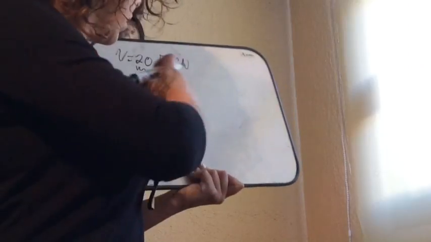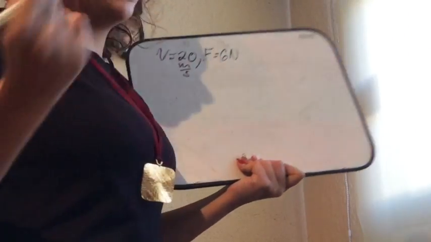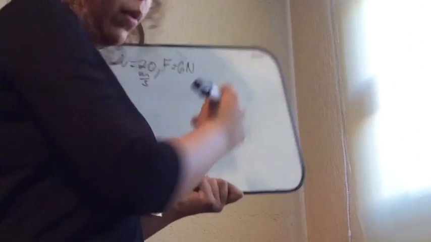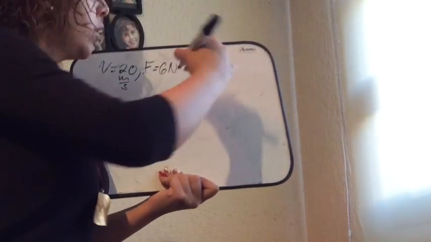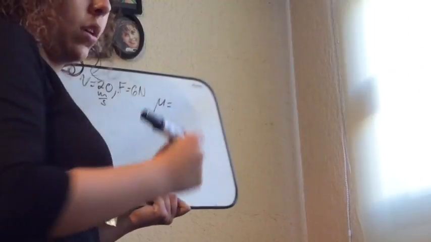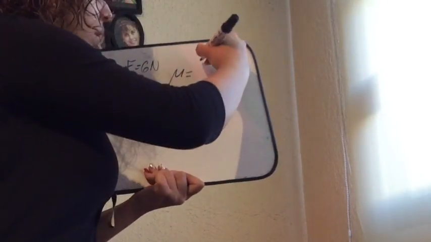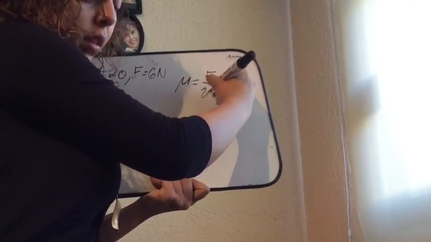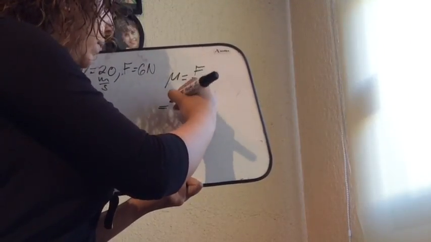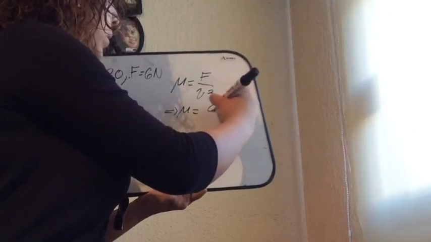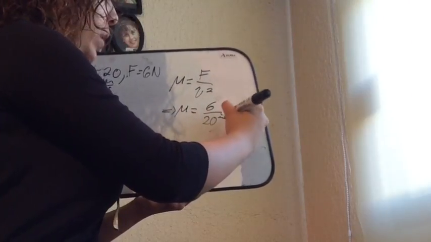And we know that it's not a copper wire in this case, it's just a string. So it will have the same value of mu, which we know is equal to F divided by the velocity squared. So therefore mu should be equal to 6 divided by 20 squared.